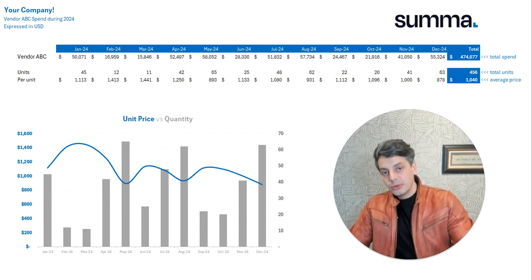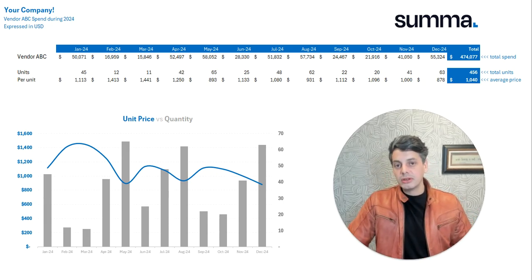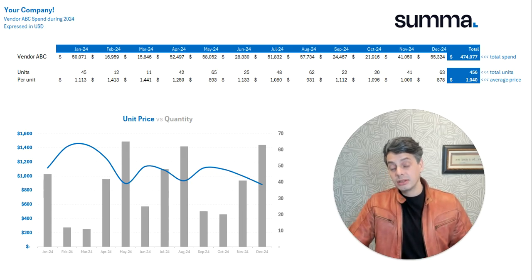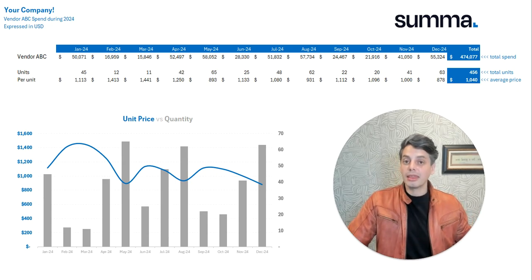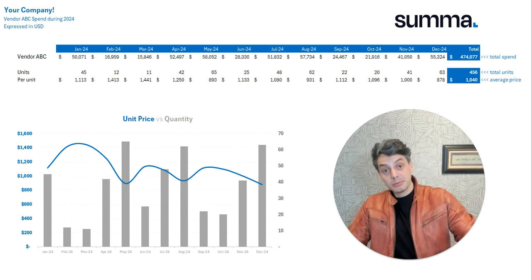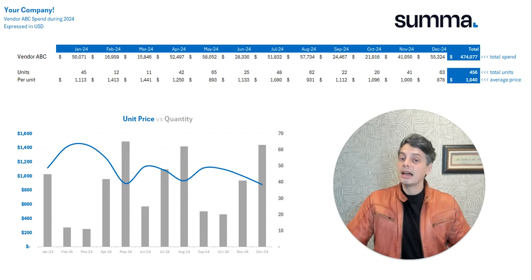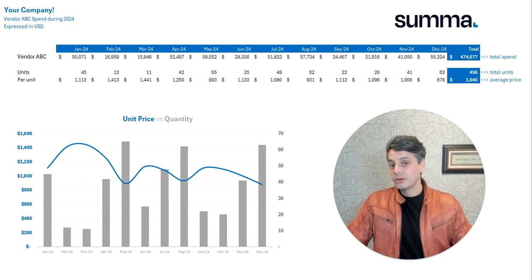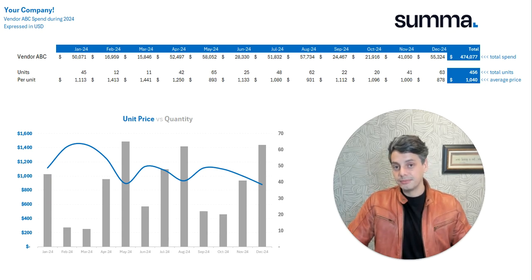Now, how does that help you? Well, first of all, it allows you to have greater fidelity whenever you're making projections. You won't have variability in your unit economics month to month. You will know exactly what the price would be. And that allows you to prognosticate and calculate your cash flow with greater accuracy.